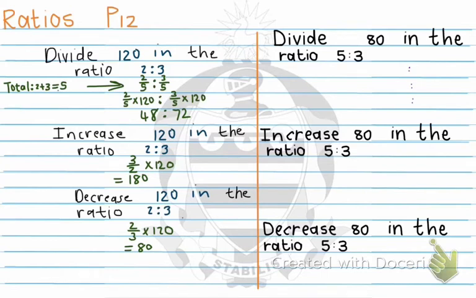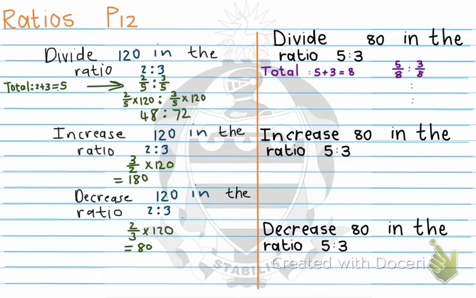Okay, the next one here on the right-hand side, they ask us to divide 80 in the ratio 5:3. Now remember I said when you hear the word divide, we have to look at all the parts. So the total parts that we have here between 5 and 3 is a total of 8. One person will get 5/8 and the other one will get 3 of the 8 parts.